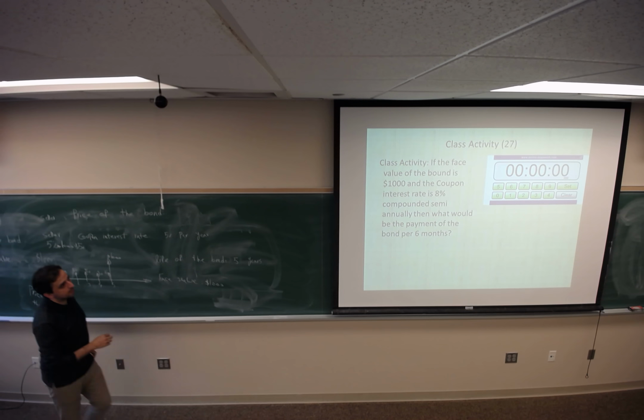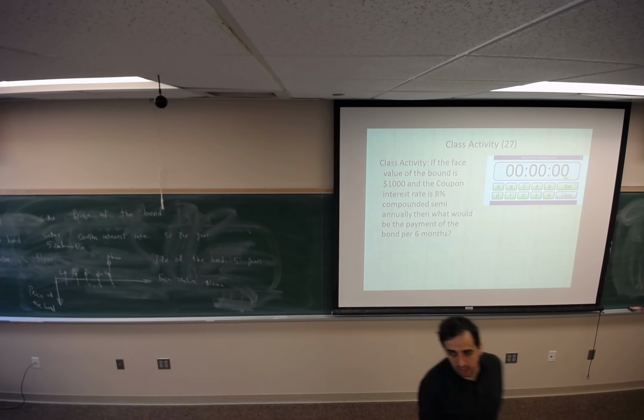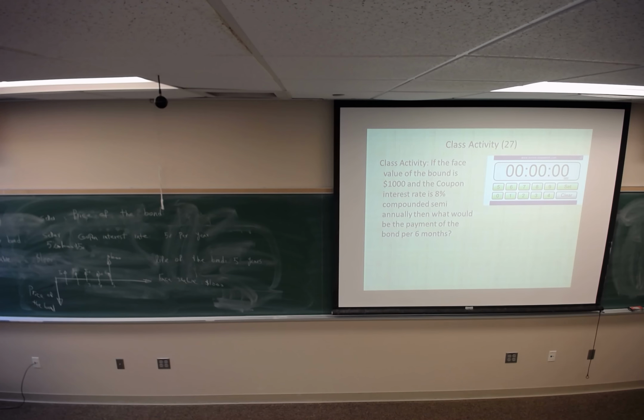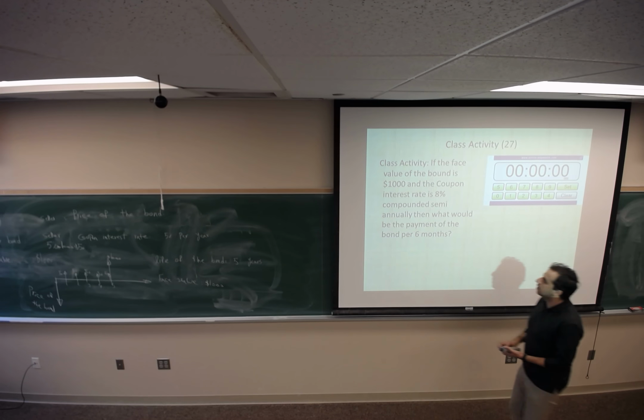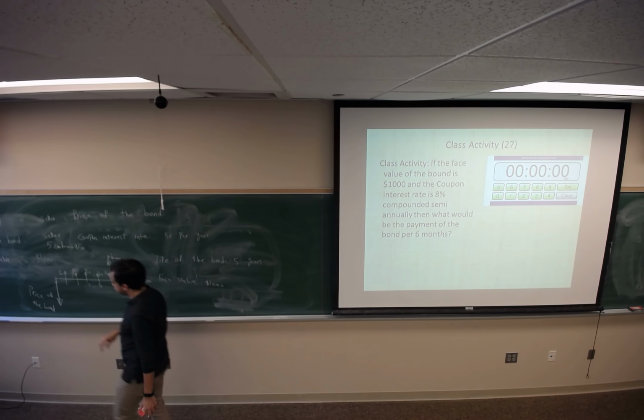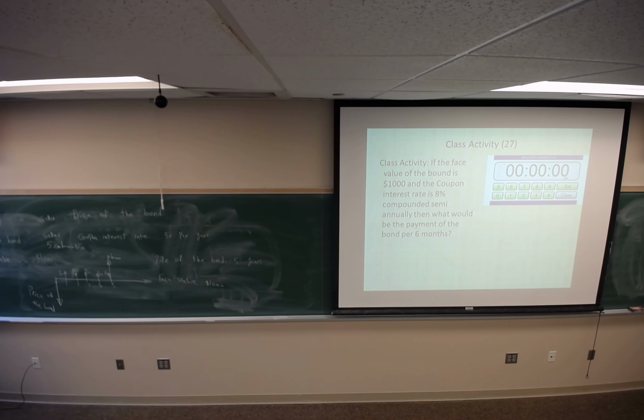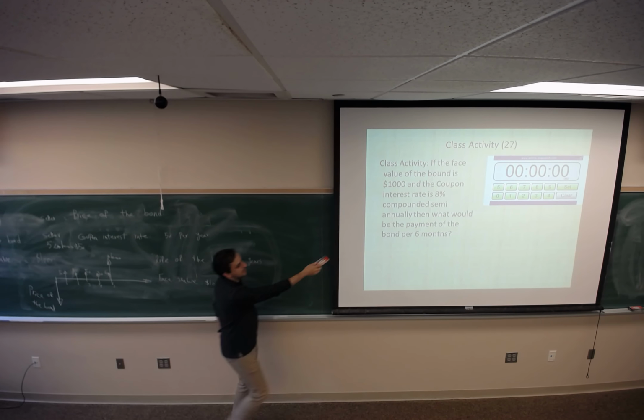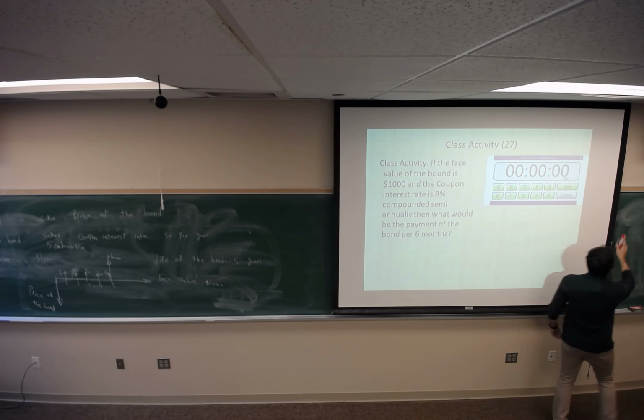There is a bond with a face value of $1,000, which pays 8% compounded semi-annually. So it's a simple one. Just find what would be the payments every 6 months.